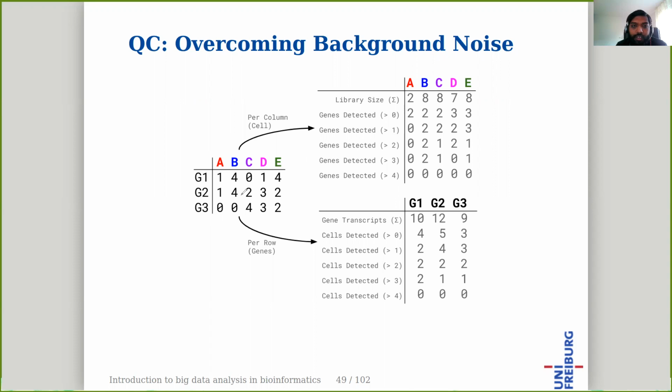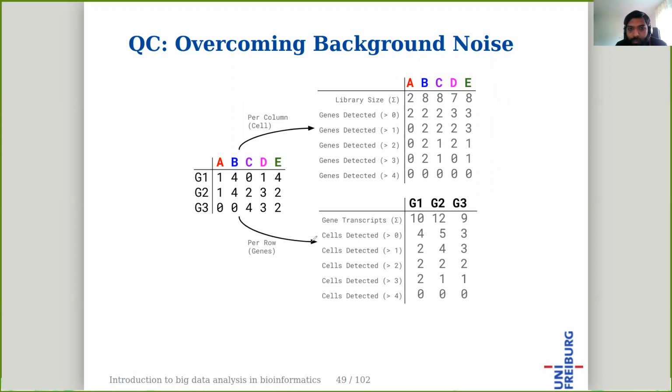For B, there are 2. For C, 2. For D, there are 3 genes detected. For E, there are 3 genes detected. And we do this also at different thresholds: 1, 2, 3, and so on. And then we have such information here.